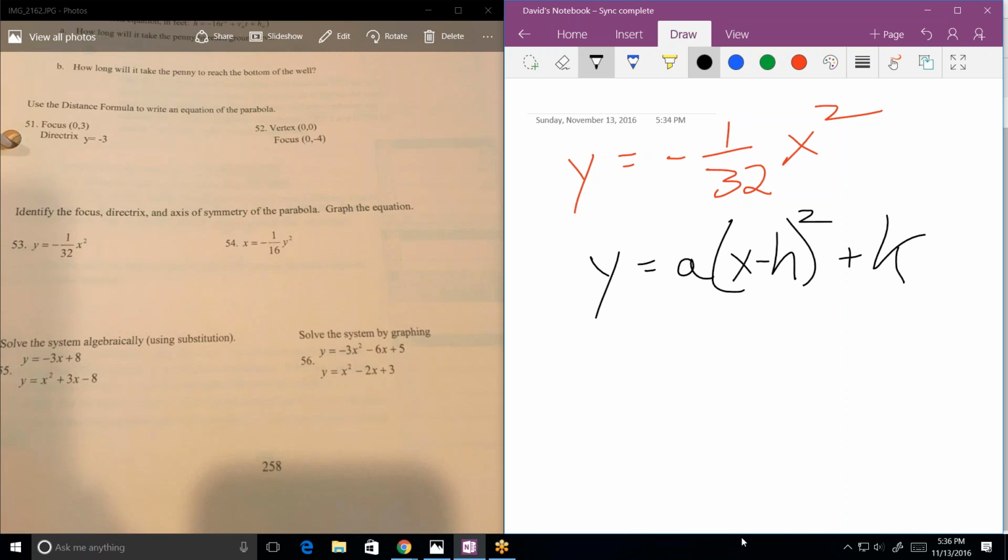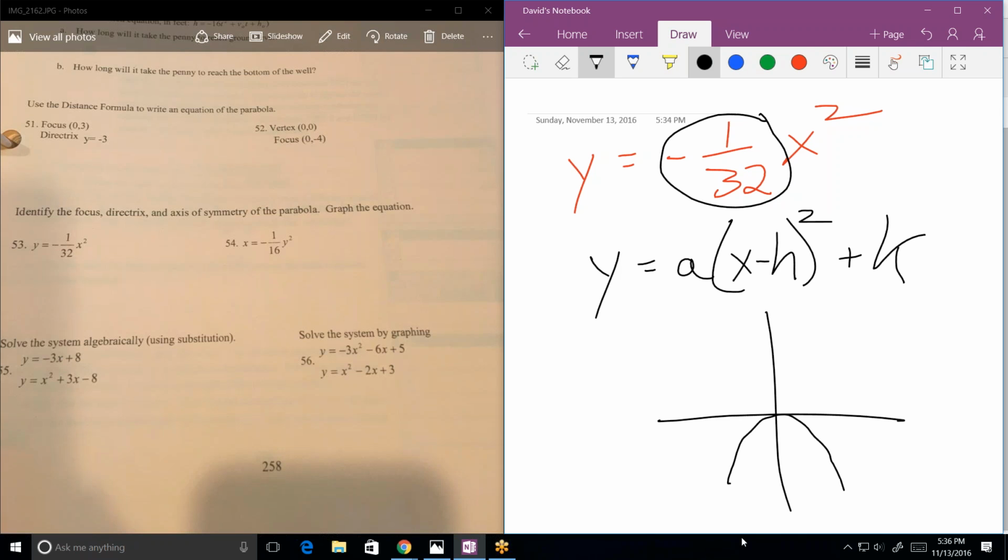H is 0 and k is 0, making the vertex at the origin. So here's the kind of parabola we have. We know it opens down and we know the vertex is at the origin.